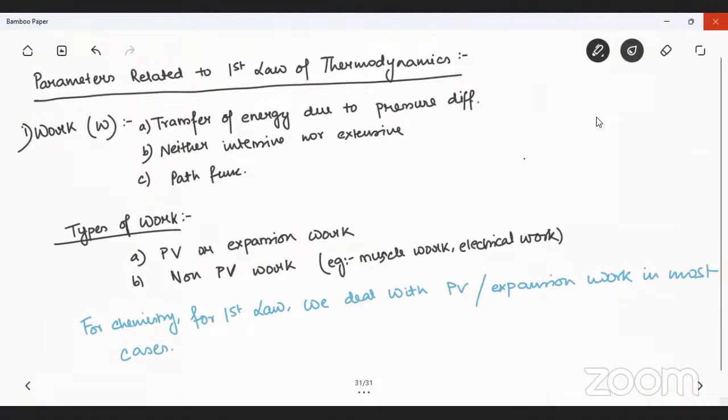Now we will be learning about the sign convention. How is the sign convention done?